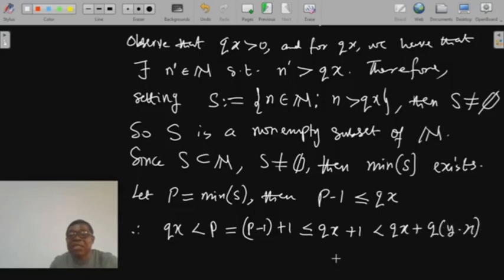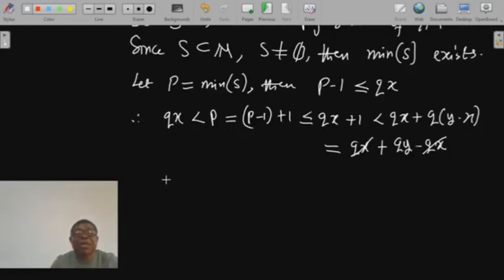And this is nothing but Qx plus Qy minus Qx. So we see that this Qx will cancel this Qx. So what we've gotten is therefore that Qx is less than P, which is less than Qy.